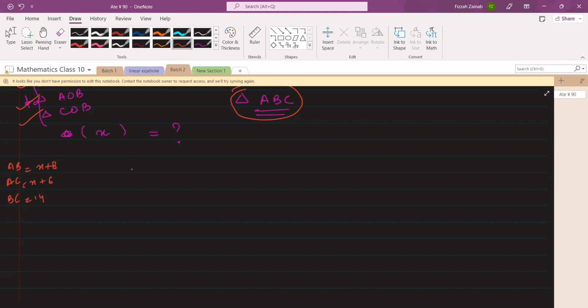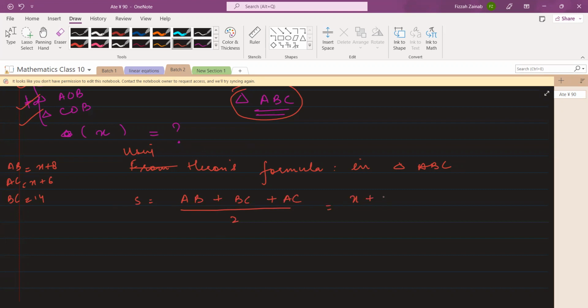So using Heron's formula in triangle ABC, first of all, find the semi-perimeter. This is side AB plus BC plus AC, divided by 2, right? All the 3 sides.